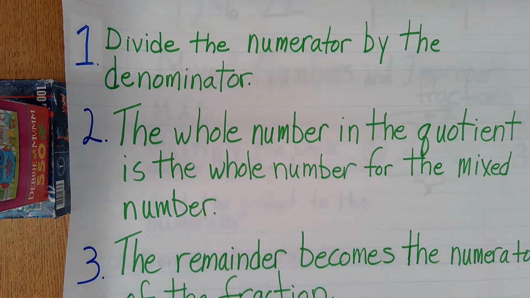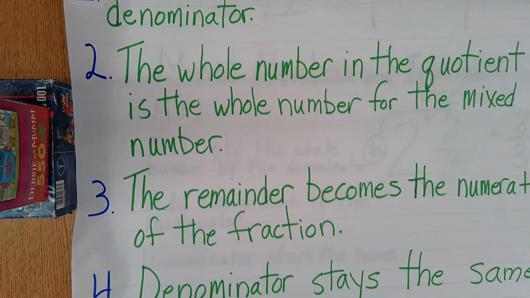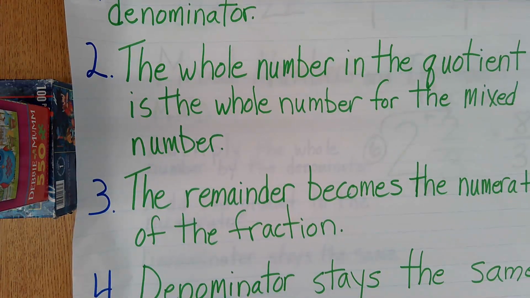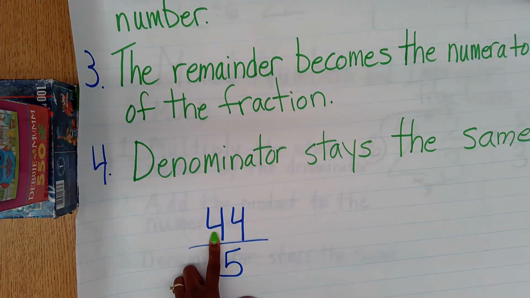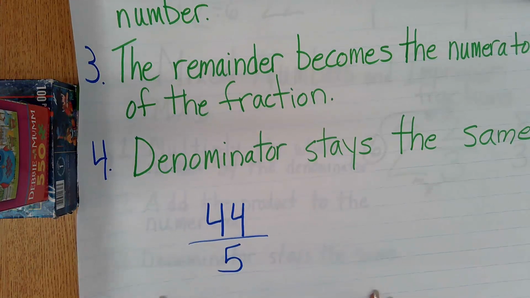So the first step to taking an improper fraction and turning it into a mixed number is to divide the numerator by the denominator. So we're going to use 44/5 as our example. So I'm going to take 44 and I'm going to divide it by 5.